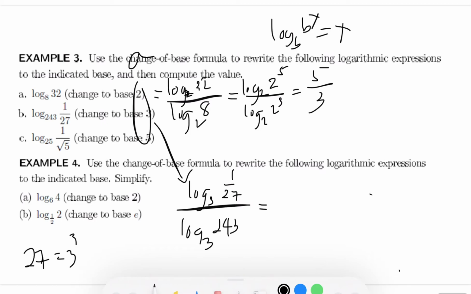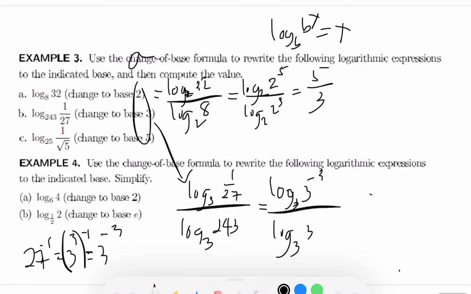But since this is 1 over 27, you can have the raised to negative 1. So this is 3 raised to negative 3. So we have log of 3 raised to negative 3 base 3 over 243, which is 3 raised to 5. So this is now, by this property again, negative 3 over 5.